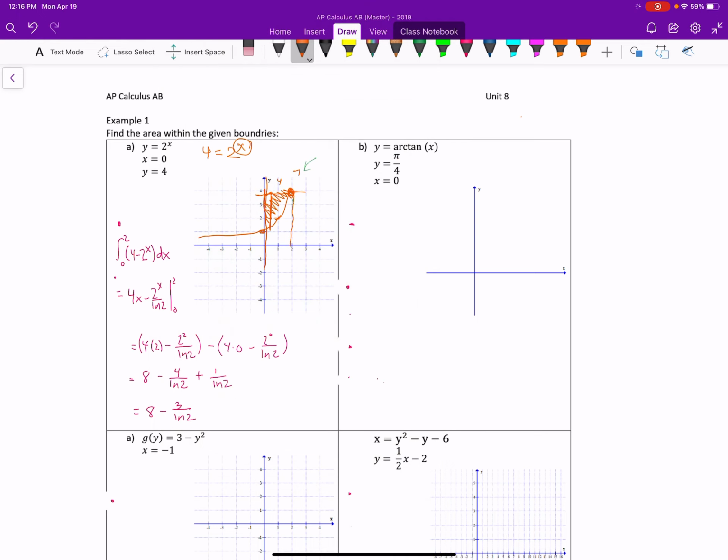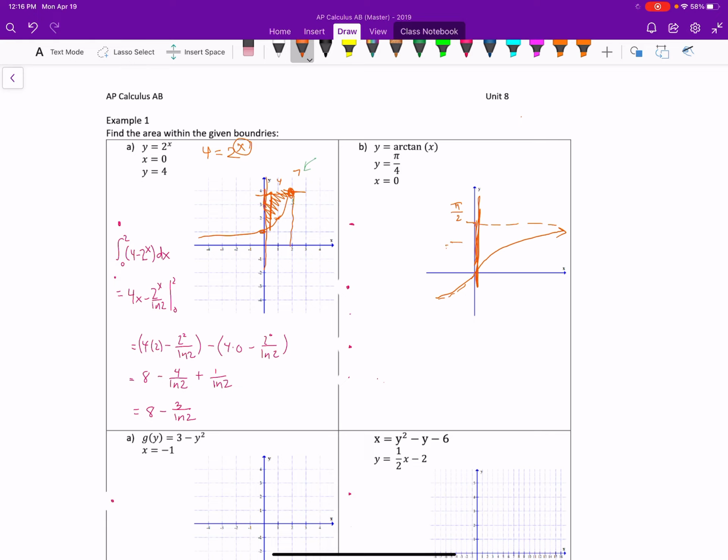Don't forget it has an asymptote here of pi over 2, and then it goes down here as well. But we are interested from x is equal to 0. X is equal to 0 happens here, and y is equal to pi over 4 happens here.